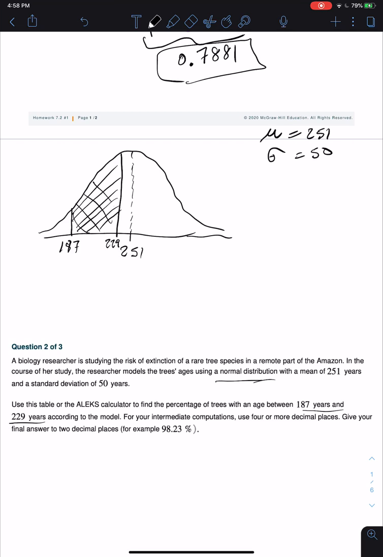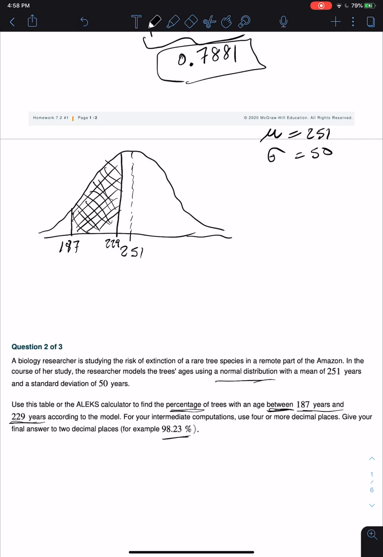And how do we know it's in between is what we're looking for. Because it says find the percentage of trees with ages between 187 years and 229 years according to the model. Give your final answer in 2 decimal places using percents, because they asked us to find the percentage. So we need to write that as a percent.